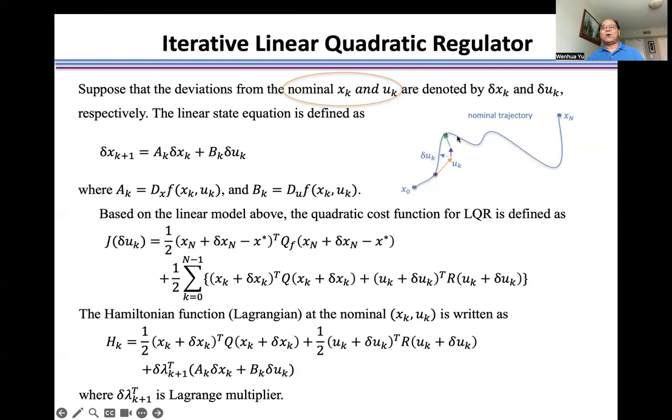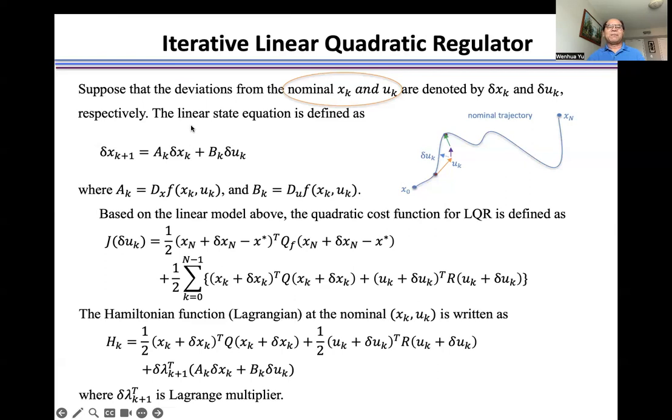Let's say one point on this nominal trajectory has state x and control u. They have deviations, denoted by delta x and delta u respectively.